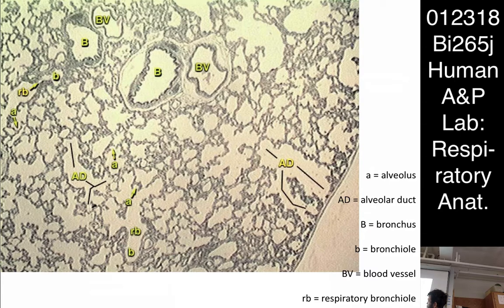Let's see if I can find an alveolar sac. But off of this alveolar duct, you can see there are little alveoli all over the place. Each of these little holes are alveoli. This is probably an alveolar sac here, a terminal alveolar duct with several alveoli coming off of it.